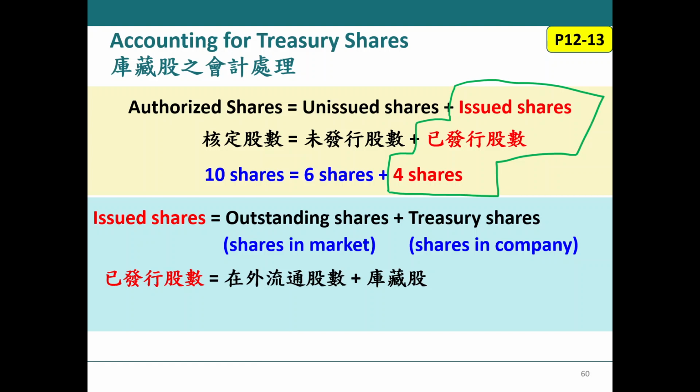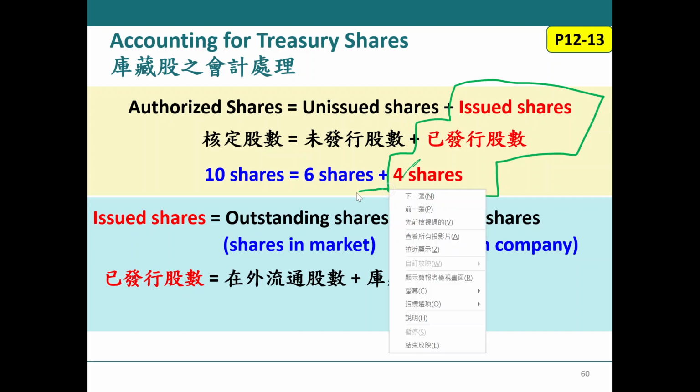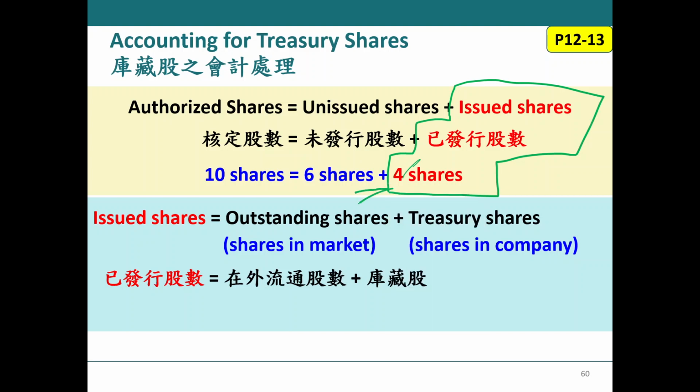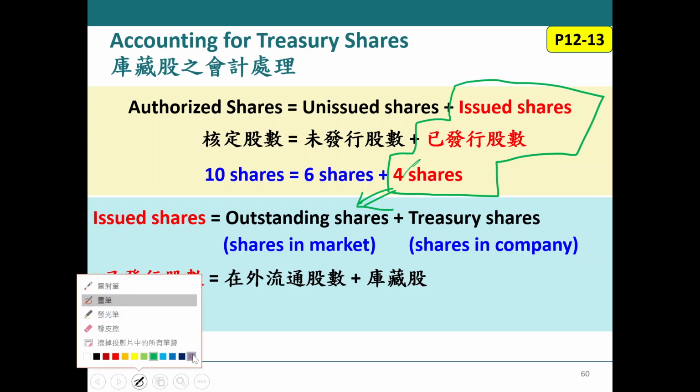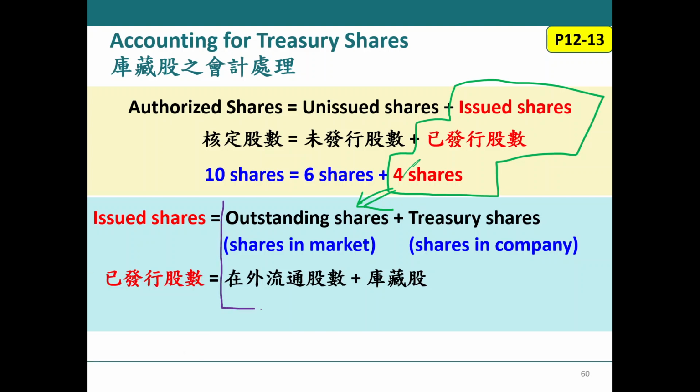Outstanding shares means your shares in the market. Okay? So for these 4 shares, you could put them into 2 situations. First situation is outstanding shares. 在外流通股数, the shares in the market.